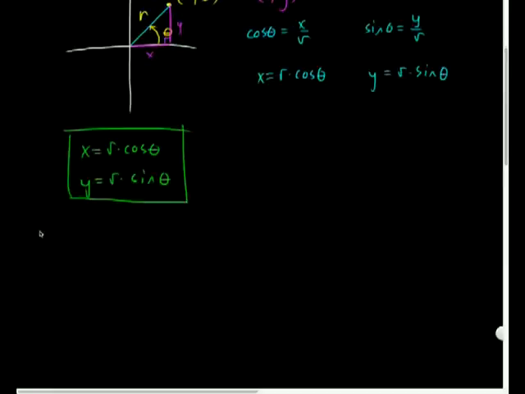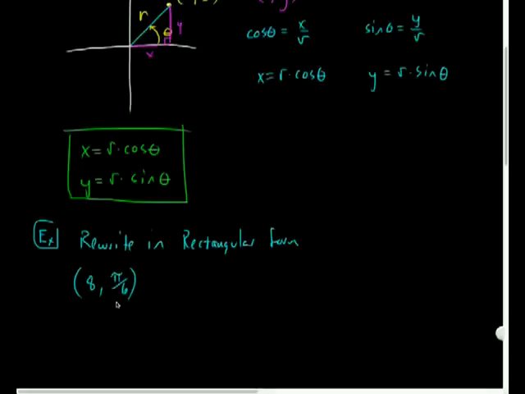So let's actually do an example here. Rewrite in rectangular form. Suppose I have this point, let's make it 8 comma pi over 6.